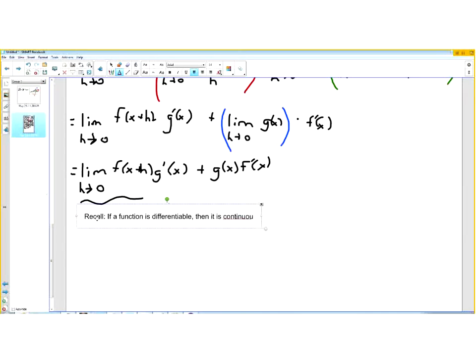Now, why is that important here? Thus, f of x plus h is continuous.